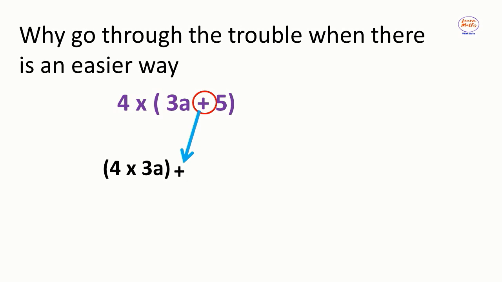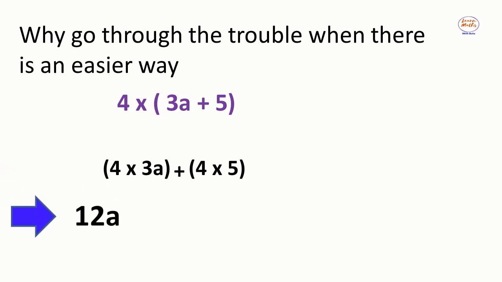So we put the addition sign after the 4 times 3a, and then we go on to say 4 times 5, which will give us this simple expression. So we have multiplied everything in the bracket by 4. That is the expansion that we are talking about. So we have 4 times 3a will give us 12a plus 20, which is 4 times 5. So can you see there is an easier route?